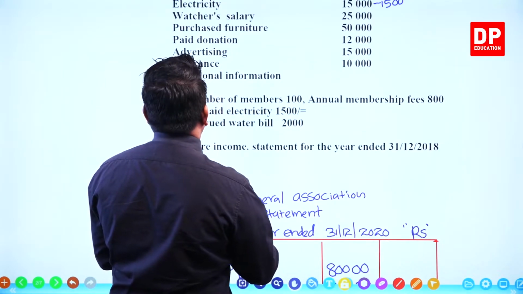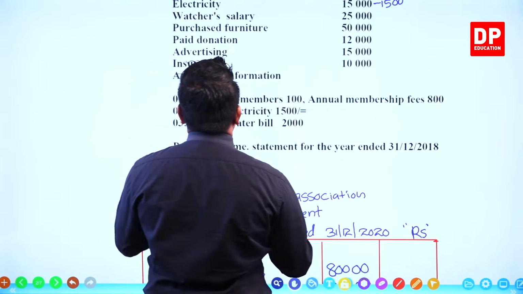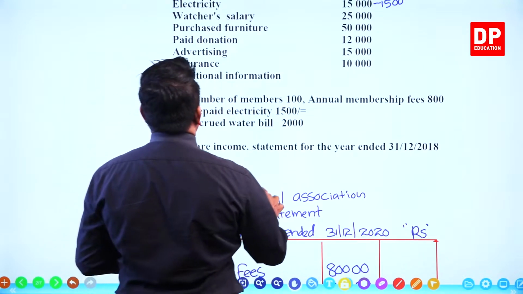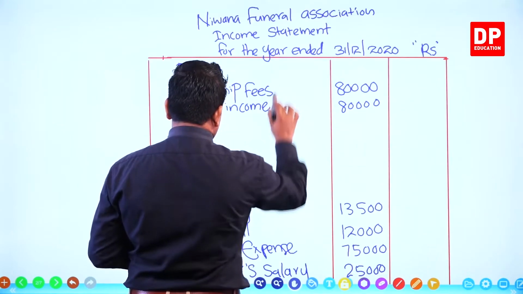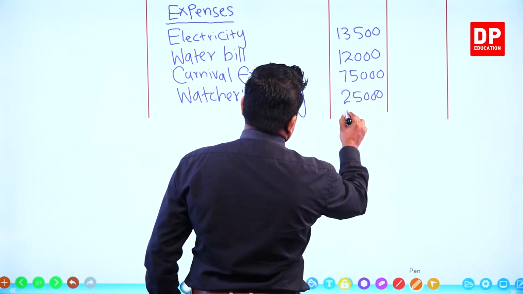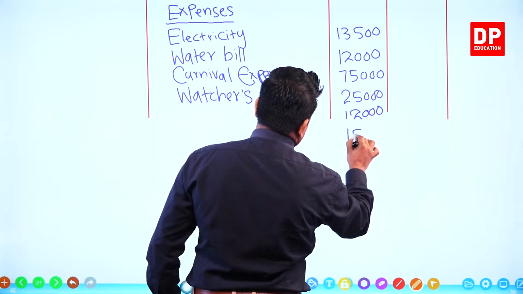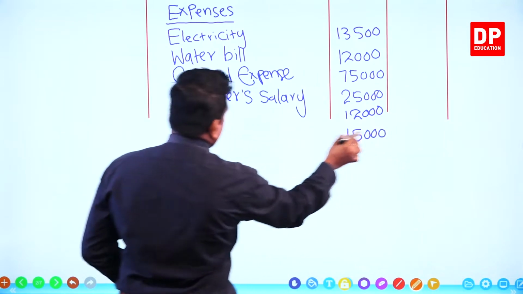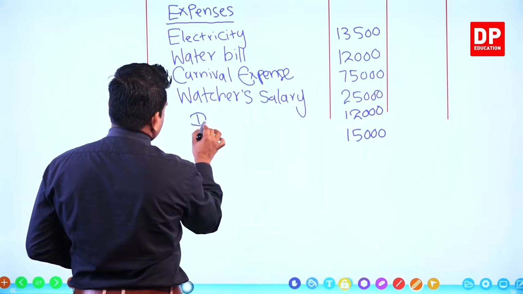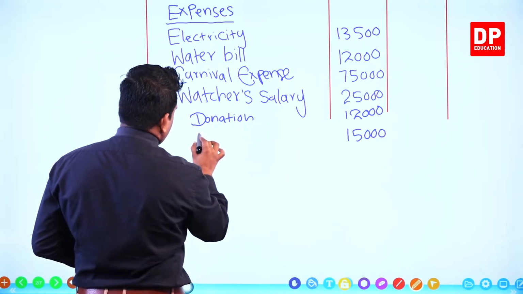Paid donation 12,000, advertising 15,000. Donation 12,000. Then 15,000, it's advertising.